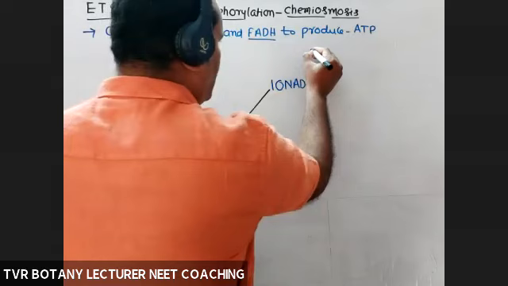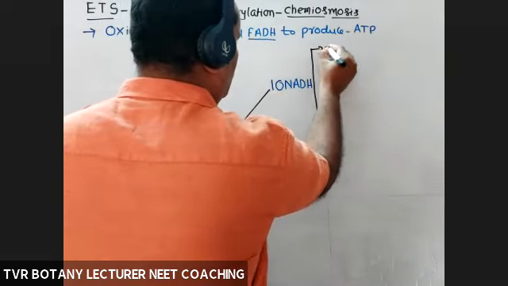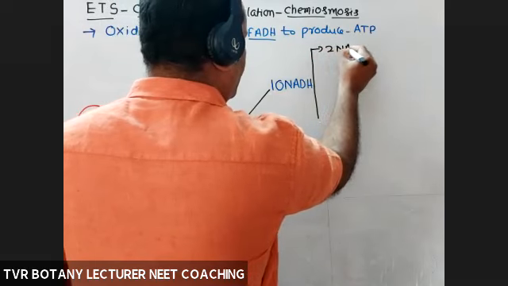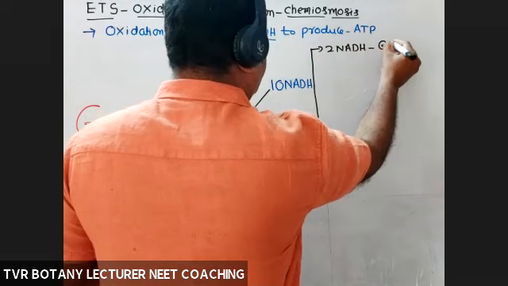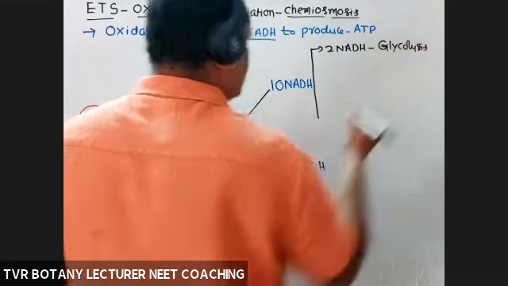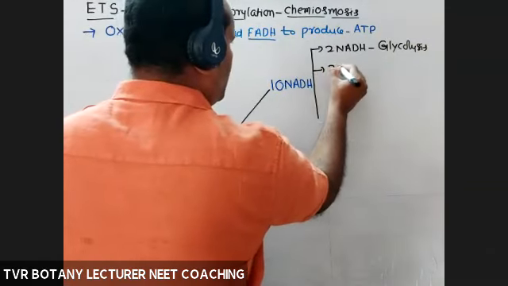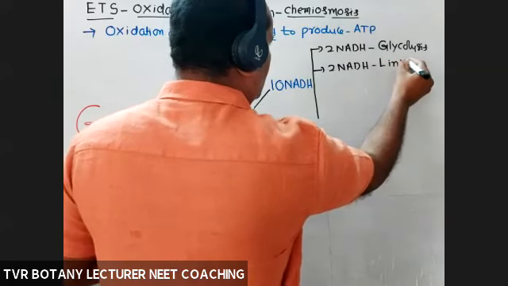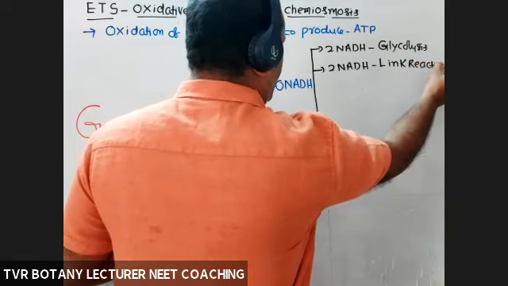Okay, so out of 10, 2 molecules of NADH are from glycolysis. They are also called cytosolic NADH. Two molecules of NADH from the link reaction. This analysis is mandated.